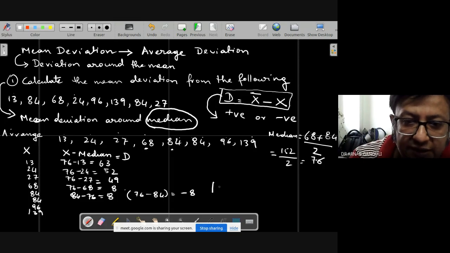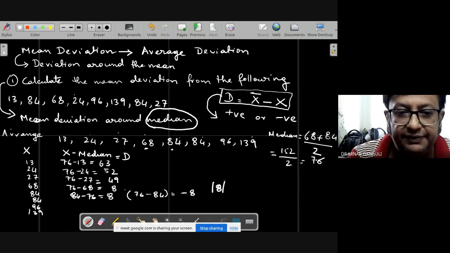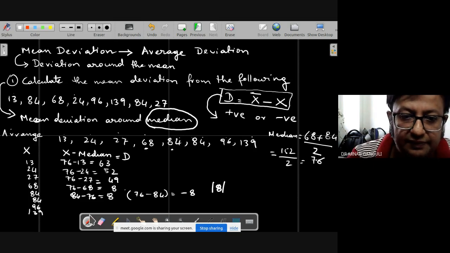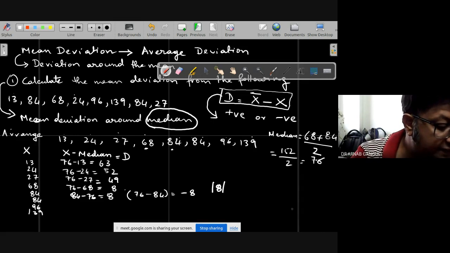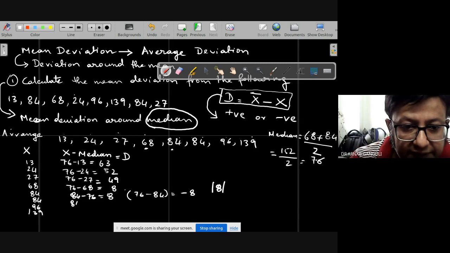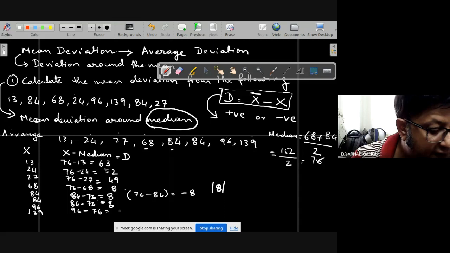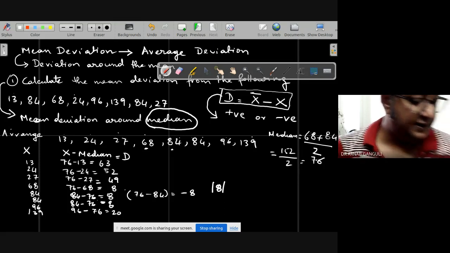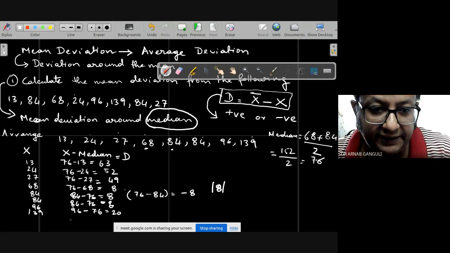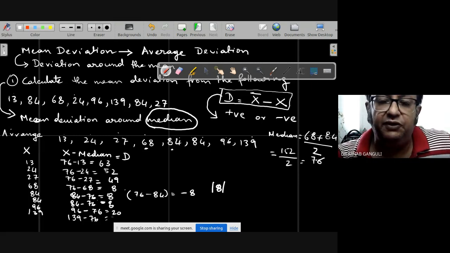So basically you use a modulus. Whatever the value of 8 be, it will always be positive. পরেরটা হচ্ছে 96 minus 76 and 139 minus 76. মানে এখানে you are not calculating whether it be positive or negative.